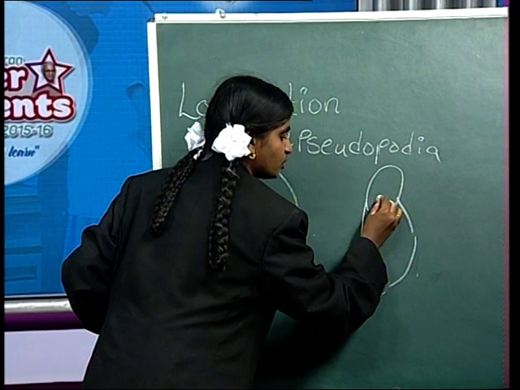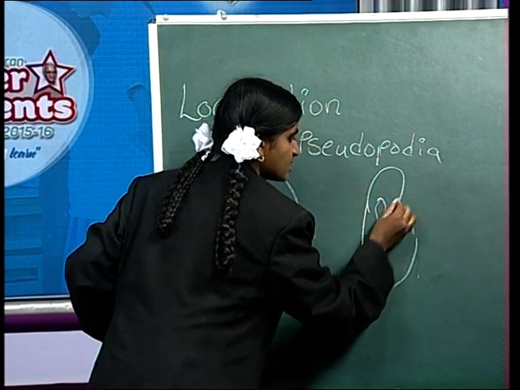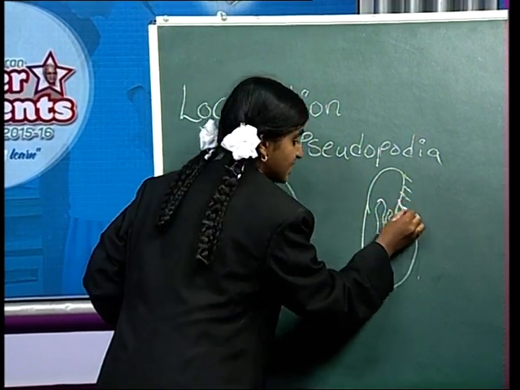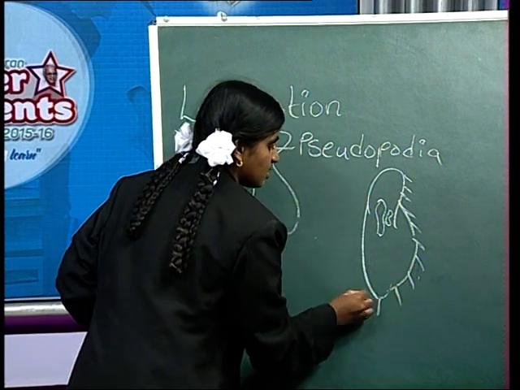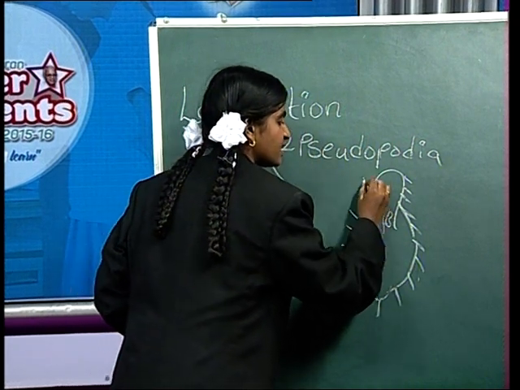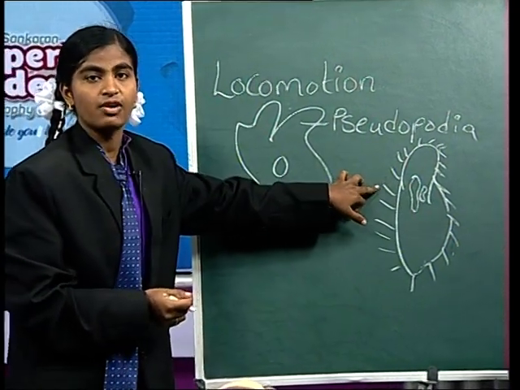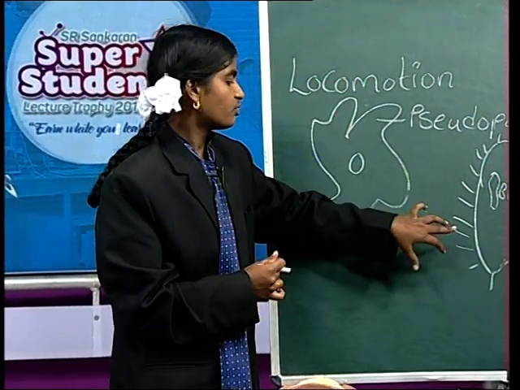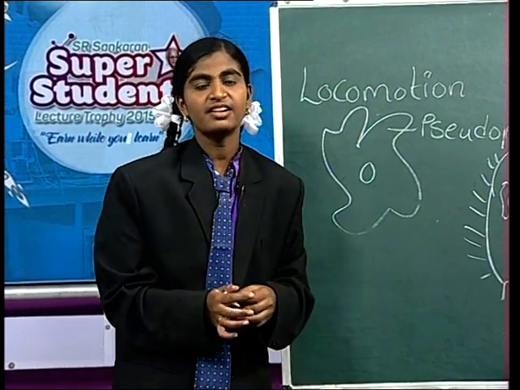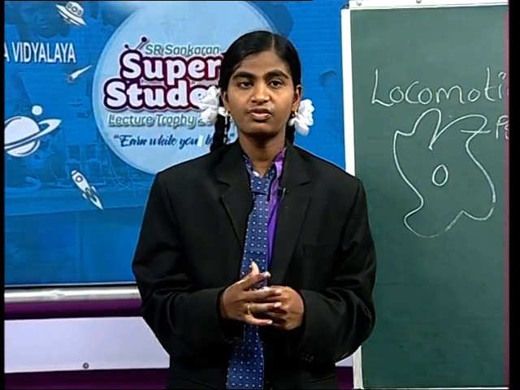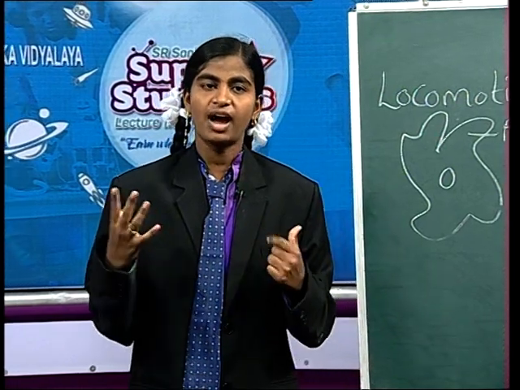It contains macro and micronucleus along with hair-like structures. This hair-like structure is called cilia. Cilia is helpful for movement of paramecium. In hydra, tentacles are useful for the movement of hydra.